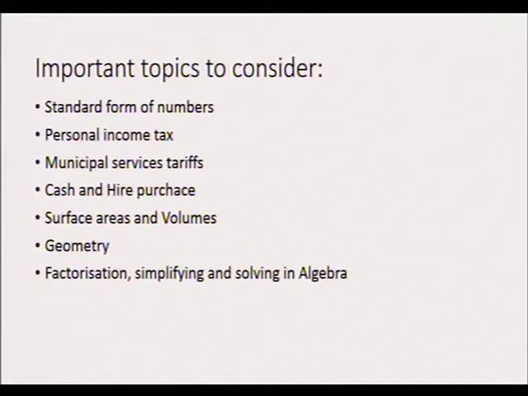And then we go to algebra. You need to be able to factorize an algebraic expression, simplify an algebraic expression, and solve an algebraic equation and an algebraic inequality. Differentiate between those two things: an equation has an equal sign, and an inequality has an inequality sign, less than or equal to, greater than or equal to, and all those.